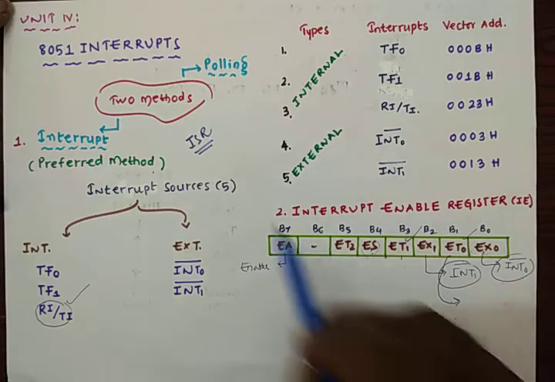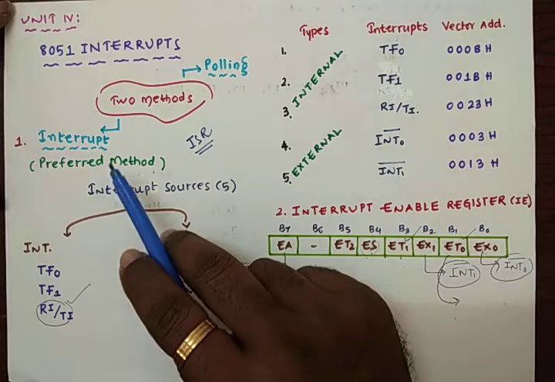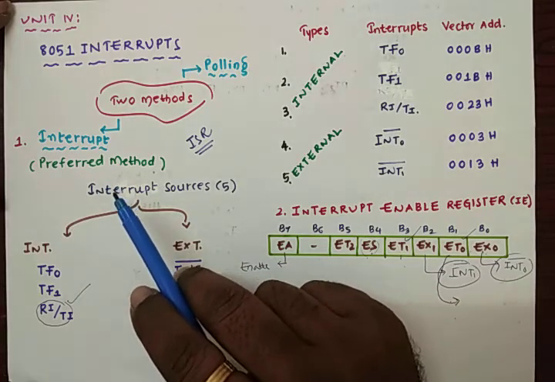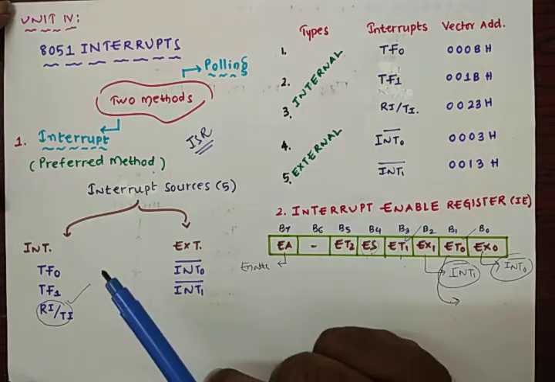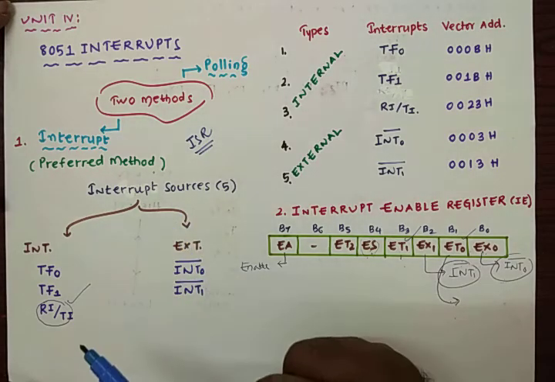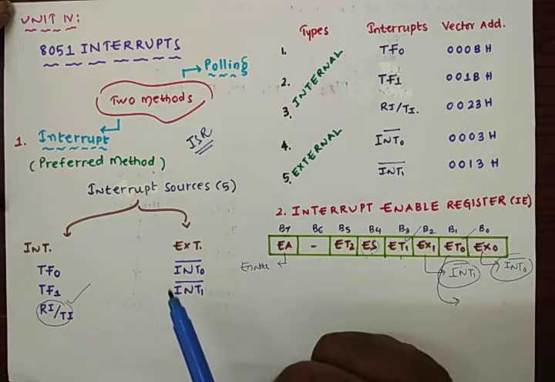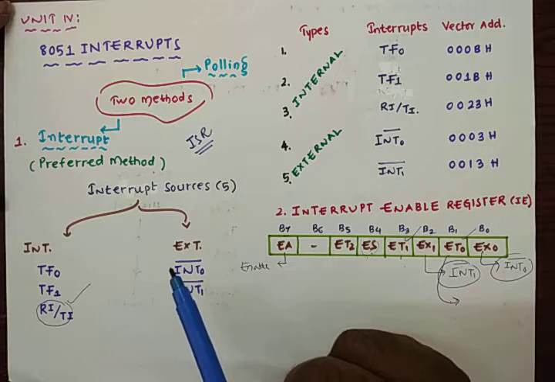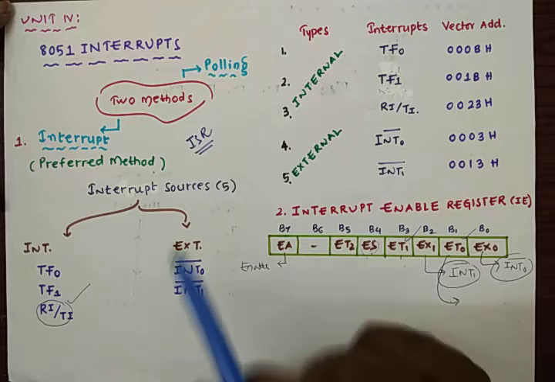In general, the interrupt method is preferable over the polling method, because the microcontroller is free from continuously checking each and every device to know whether any device needs service.